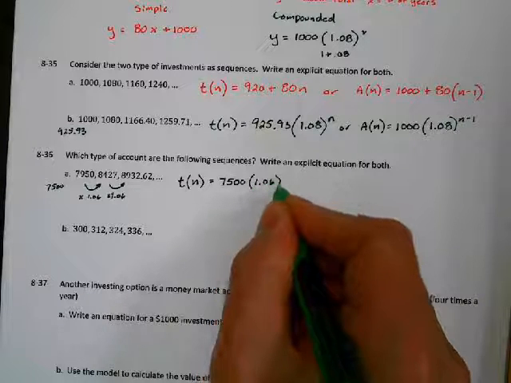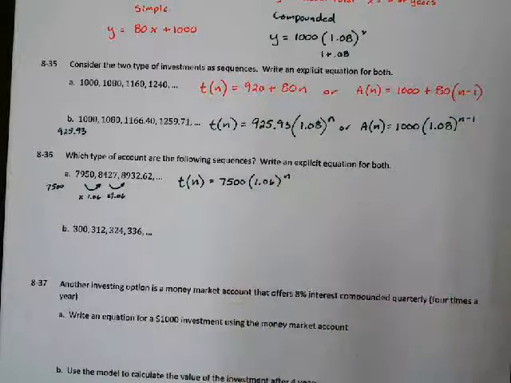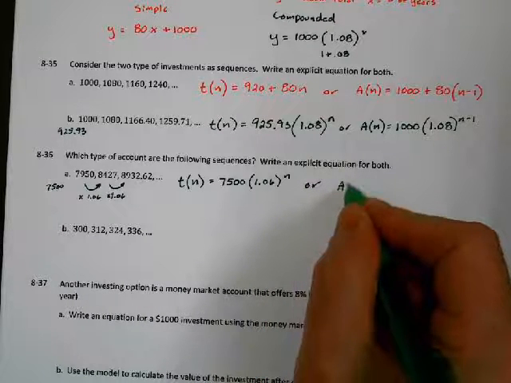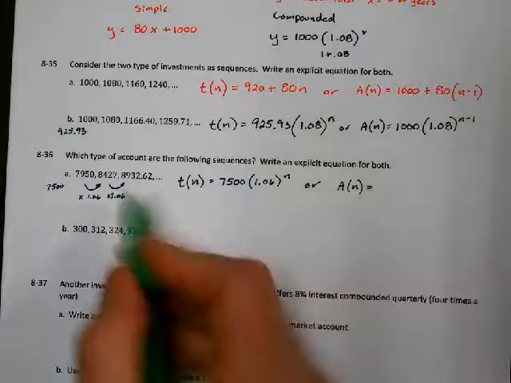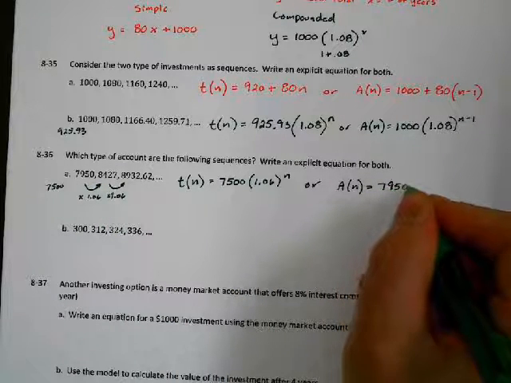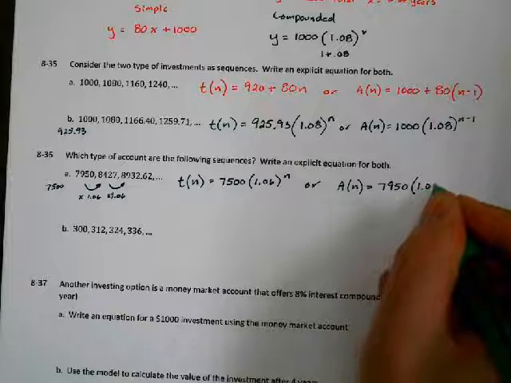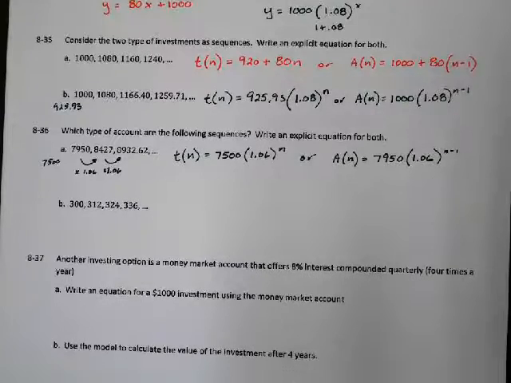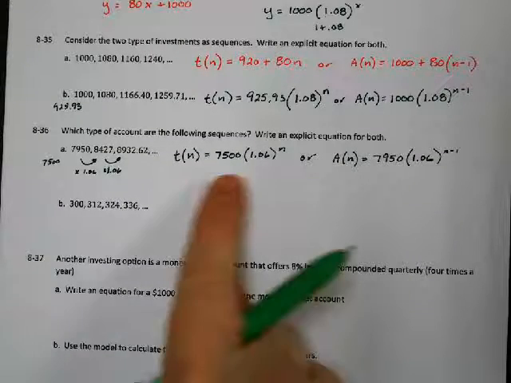Or we could do A of n equals the starting term of 7950, and then 1.06 to the n minus 1 power. So this one uses the 0th term, this one uses the first term in the sequence.